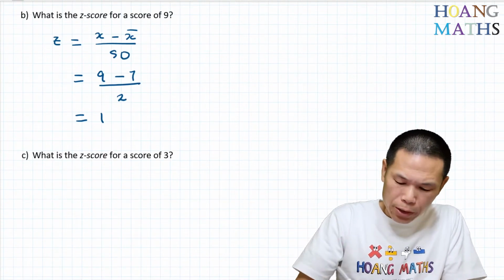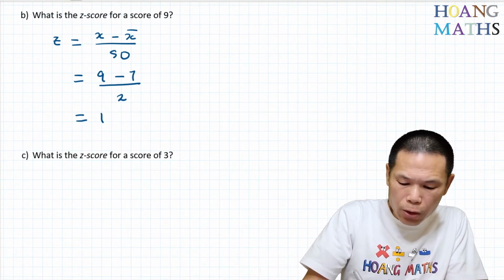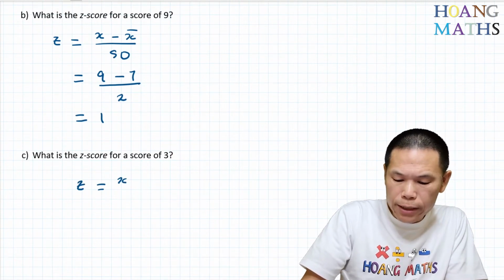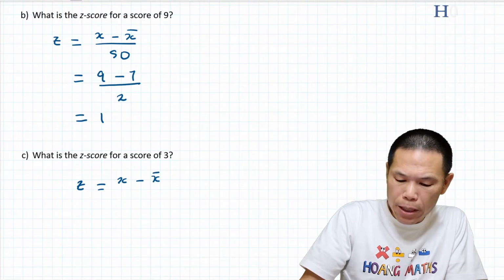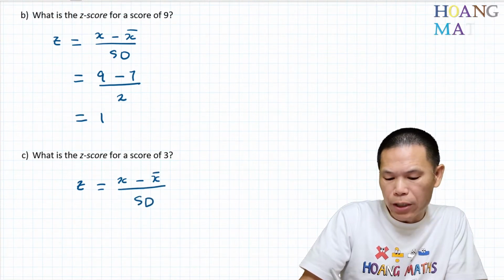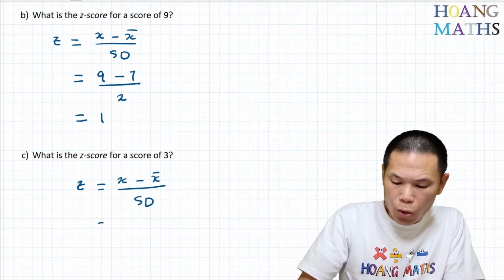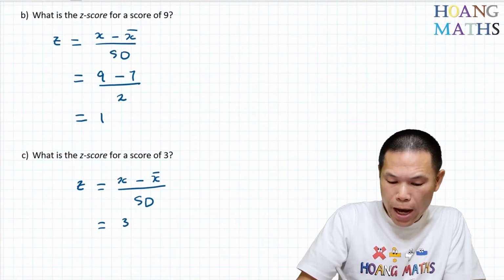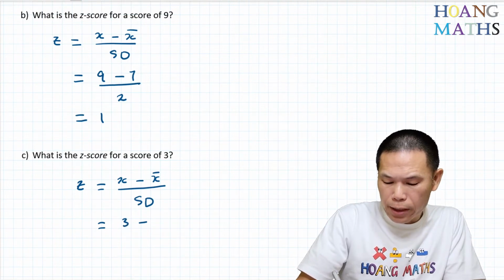Part C. We know that the Z-score is equal to X minus the mean over the standard deviation. And we know that the score is 3 and the mean is 7, and we divide by the standard deviation, which is 2.